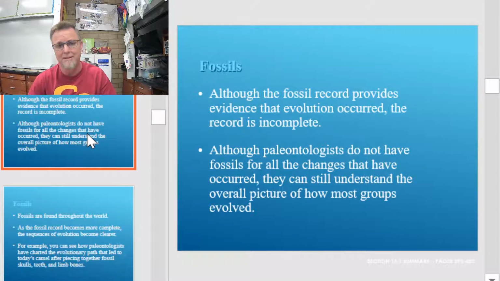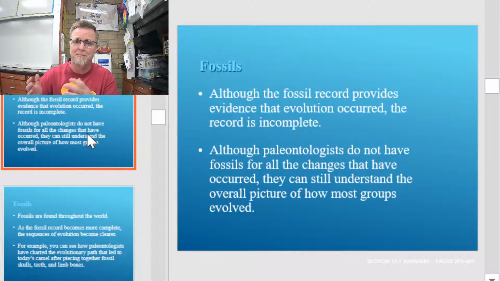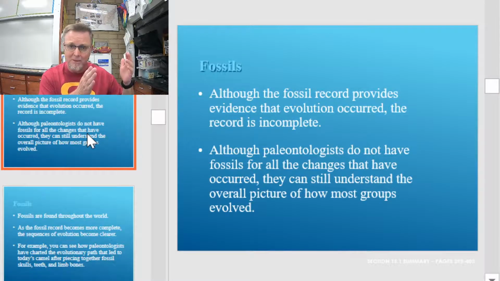So the record can help us understand that evolution occurred, that change over time happened, but exactly who or what evolved into who or what can't really be said by just looking at the fossils. Paleontologists do not have fossils for all the changes that have occurred from one population to the next to make a complete lineage of a single organism.